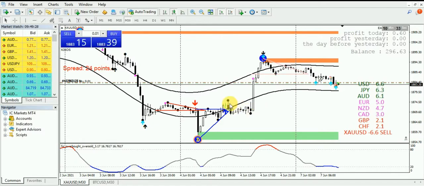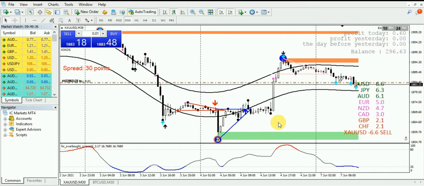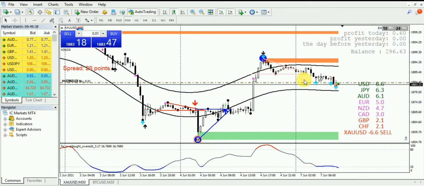So what I'm waiting for is to see my black indicator, that is the arrow, show, and the blue and the brown circle will also show.